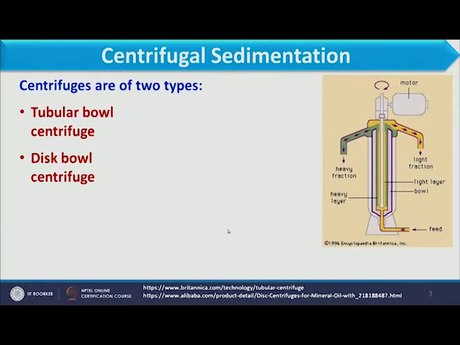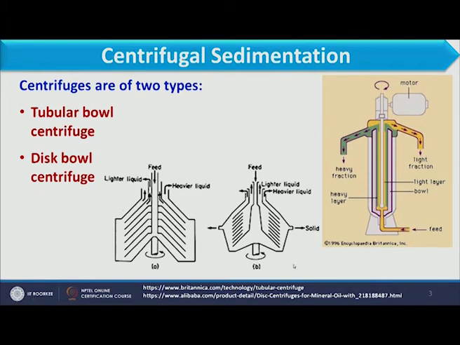The second centrifuge we have is the disc bowl centrifuge, which is shown in this diagram. What happens in the disc bowl centrifuge? Here we have the bowl, and inside it we have many discs, one over another, with a specific distance.